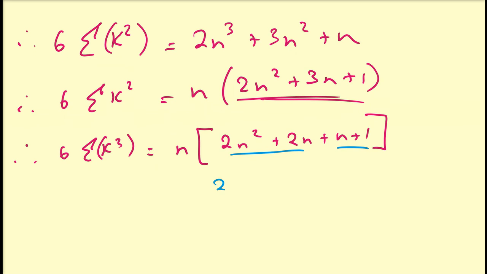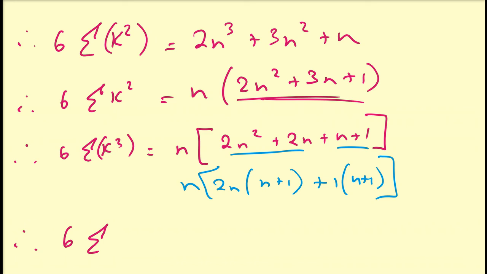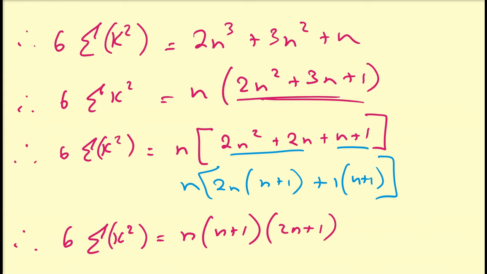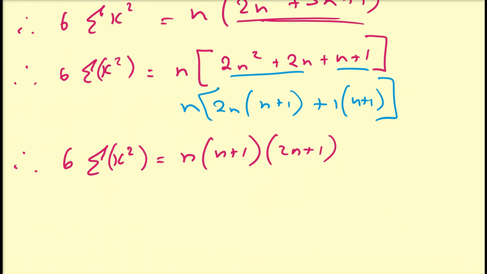I can factor out a 2n out of the first 2 terms, which gives me (n plus 1), and a 1 out of the second set, which also gives me (n plus 1). I notice that an (n plus 1) is in common in both those parentheses, which is a great thing. So I have 6 sum of k^2 must be equal to n times (n plus 1) times (2n plus 1). Then I can solve this last equation by just dividing by 6.